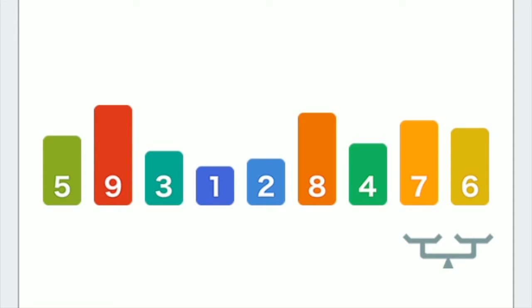The scales at the right end of the sequence will compare the numbers on their left and right sides. In this case, they will compare 7 and 6. After comparing them, if the number on the right is found to be smaller, the numbers will be swapped. 6 is smaller than 7, so the numbers got swapped.